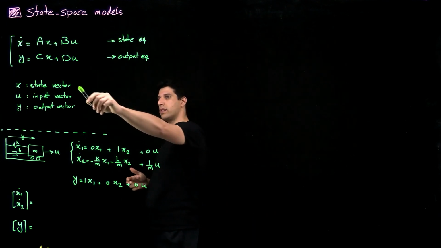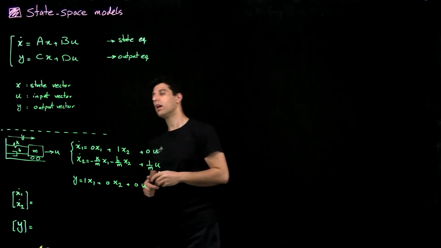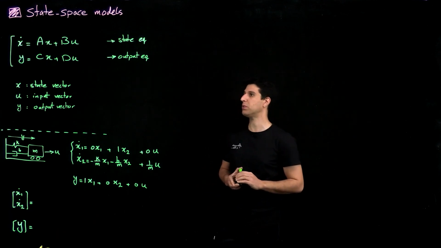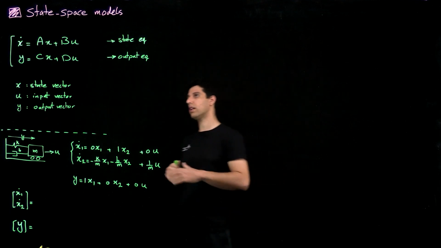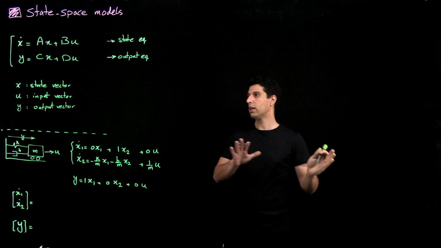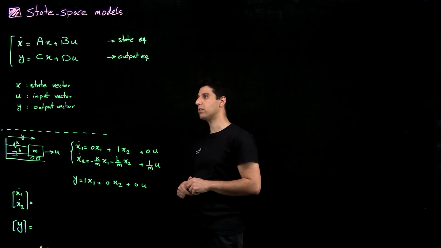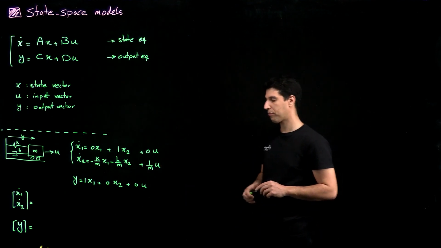I have the state vector, the input vector, and output vector multiplied by the corresponding state, input, output, and direct transmission matrices to give me the equations in state space form. That is a very compact and general form that we can cast any linear dynamical system into, and later on we can analyze those.